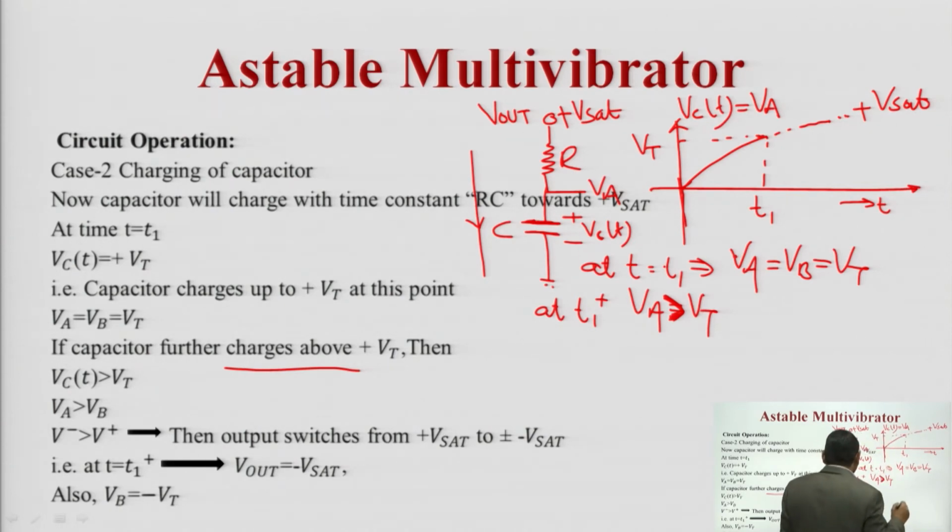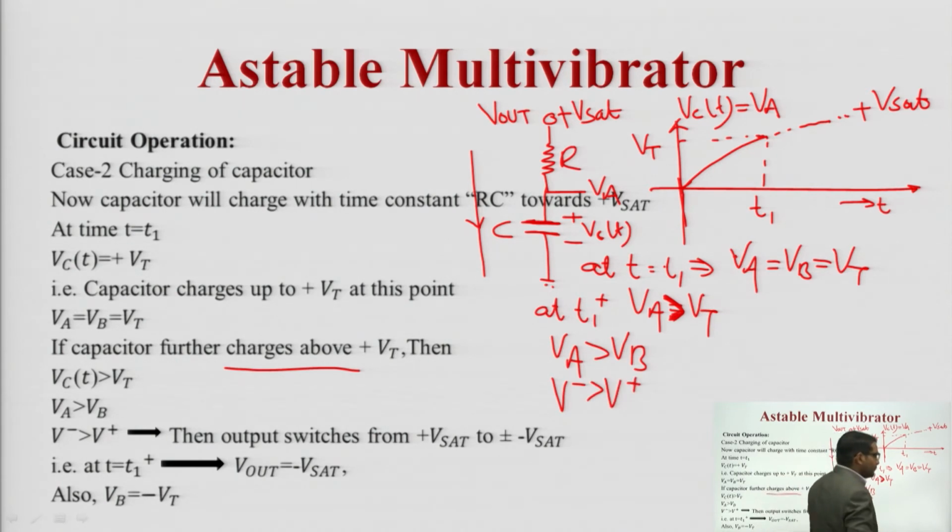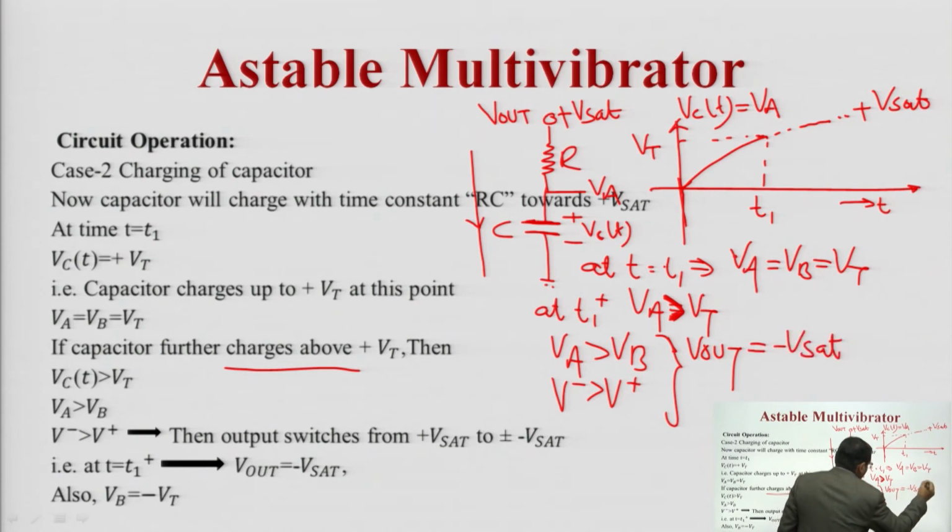At this condition, Va is greater than Vb, V minus is greater than V plus, and the output switches from plus Vsat to minus Vsat. For this condition, Vout is equal to minus Vsat. This is case 2. If the output changes from plus Vsat to minus Vsat, then Vb is also equal to minus Vt.